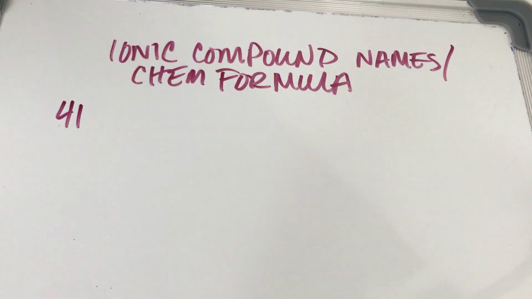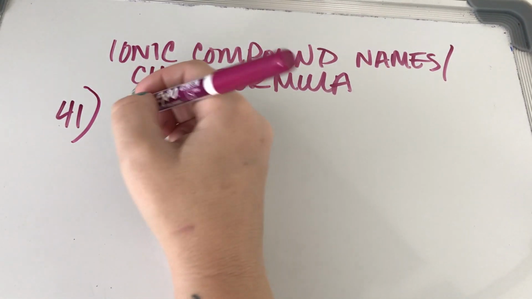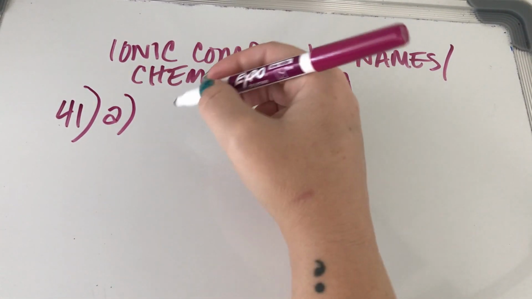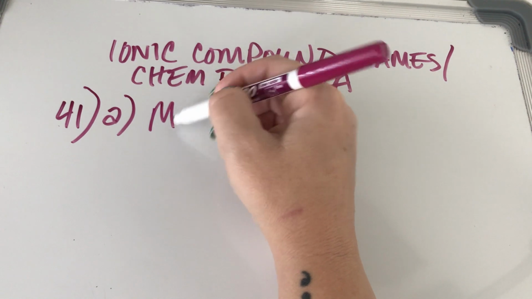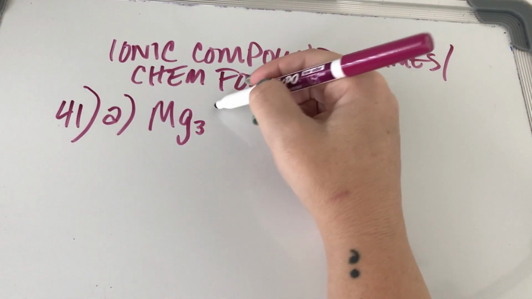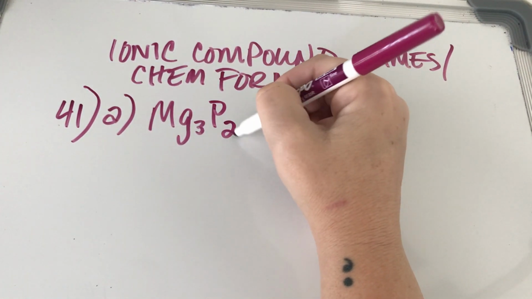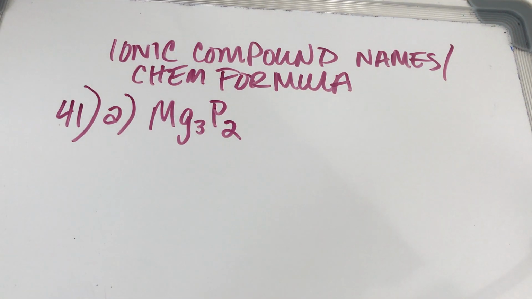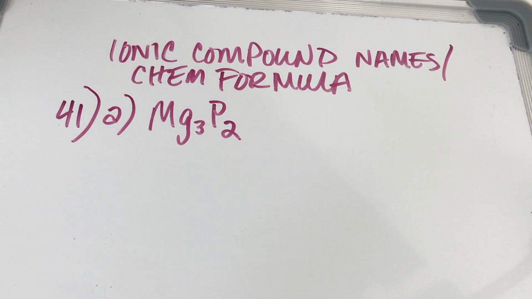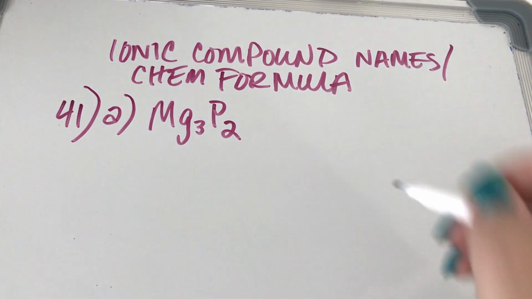Let's do number 41 from the practice test. Perfect. So we start off with this one, right? Going from the chemical formula to the chemical name.